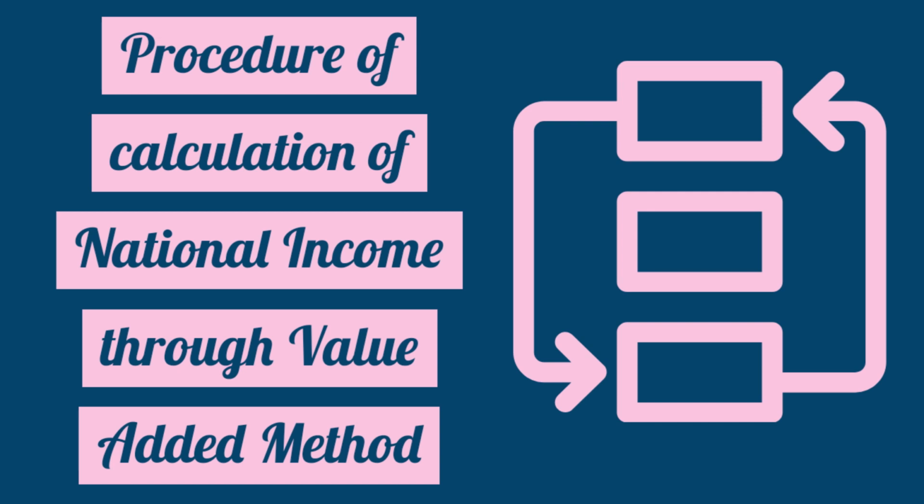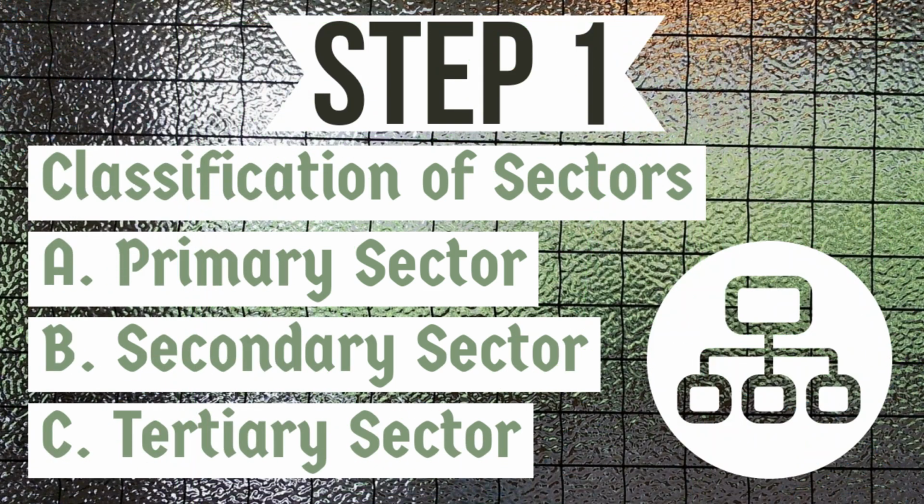Now, let us discuss the procedure of calculation of national income through value added method. So the step 1 will be classification of sectors. We divide our entire economy into three sectors, that is primary sector, secondary sector and tertiary sector. Primary sector is the sector where agriculture, mining, fishing, extraction of raw material, these kind of activities are done.